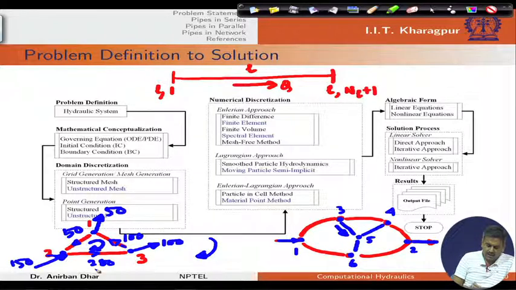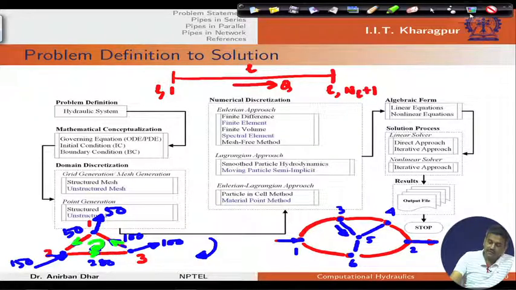So, in this case if we consider these initial discharge flow directions, these are anti-clockwise. So, for this particular loop with the nodes 1, 2 and 3, we can consider these discharge values are negative during calculation process.